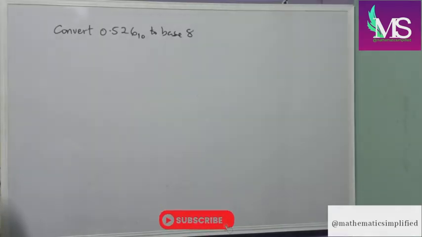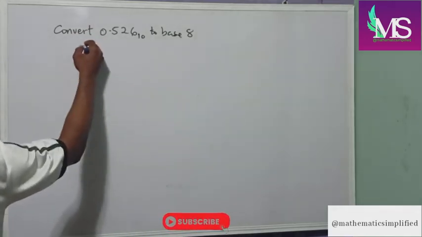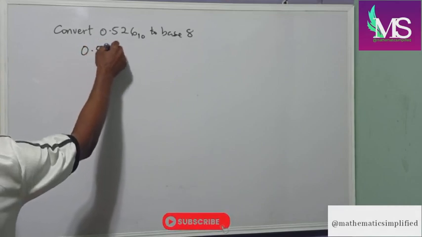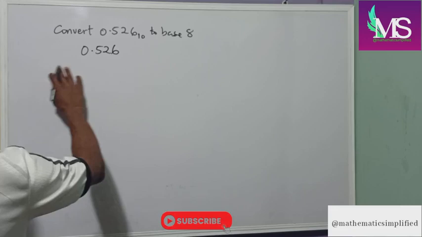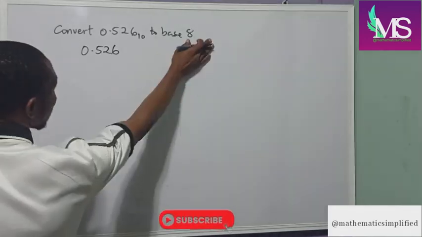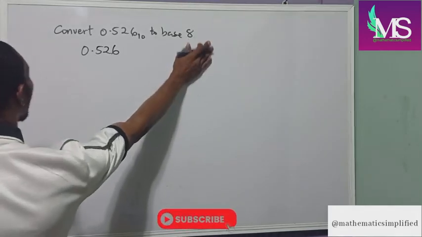And next question says convert 0.526 base 10 to base 8. Now in converting this, we have 0.526. Remember, we said we'll multiply the decimal part by the base to which we are converting it to. So this becomes times 8.